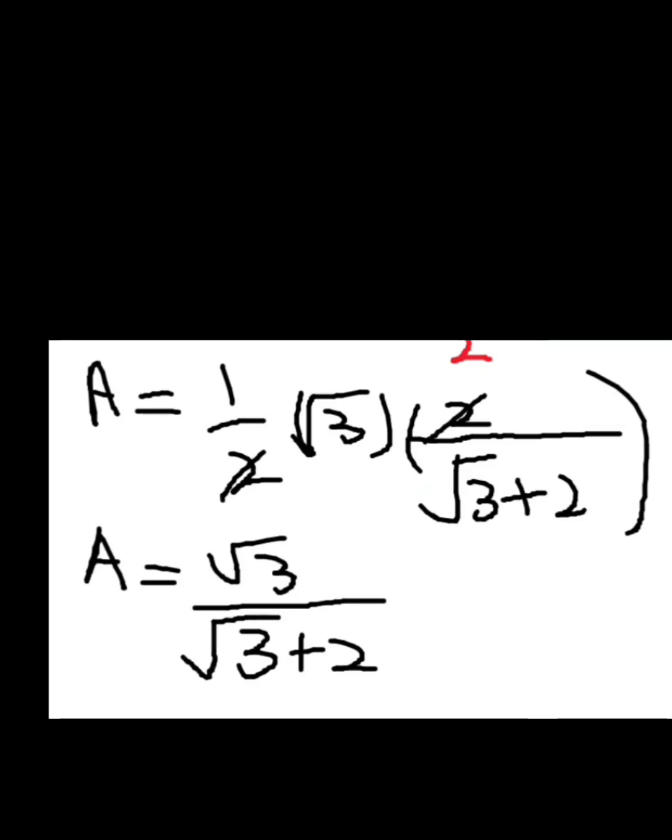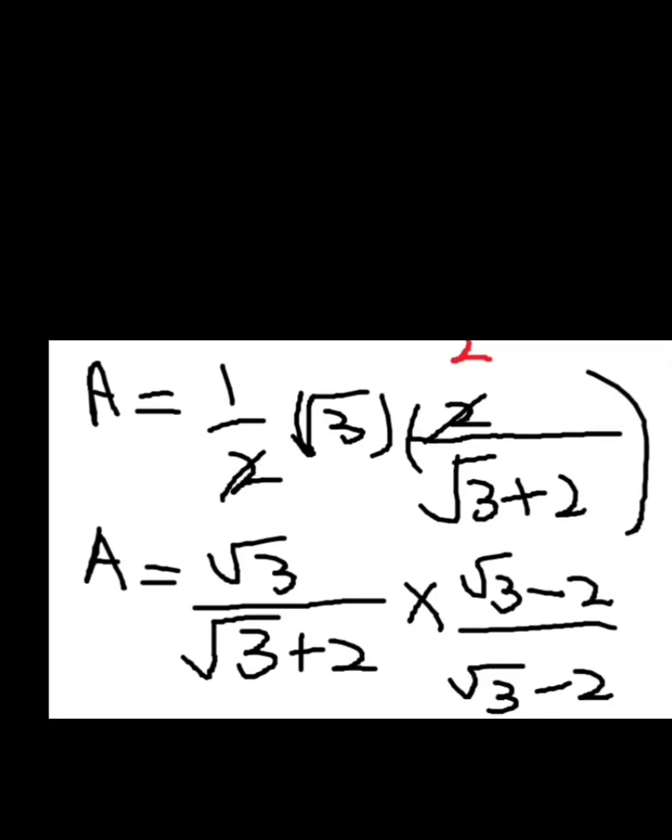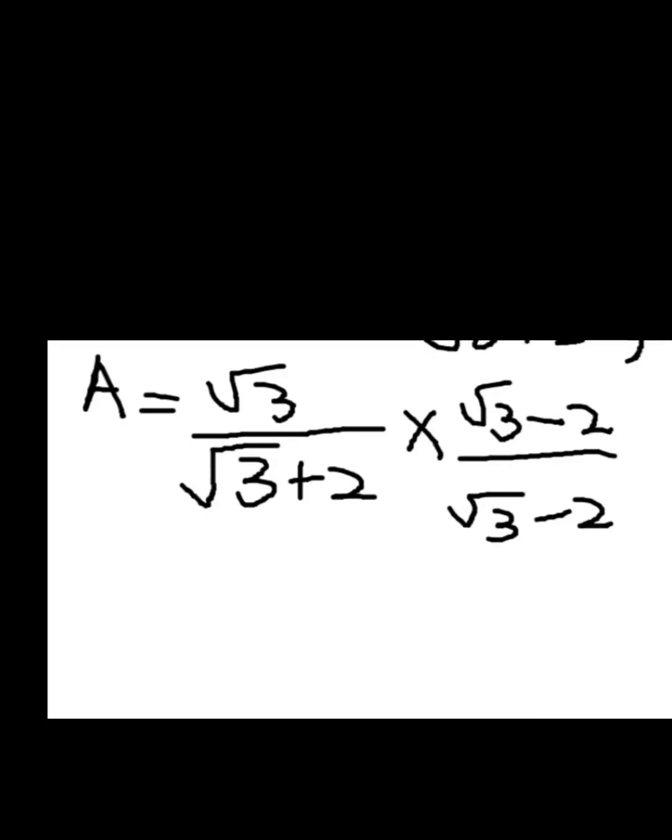To get a final answer, we are taking reciprocals here. So it means square root 3 times (square root 3 minus 2) over (square root 3 plus 2)(square root 3 minus 2). So now it will be square root 3 times square root 3, which is 3, minus 2 times square root 3.